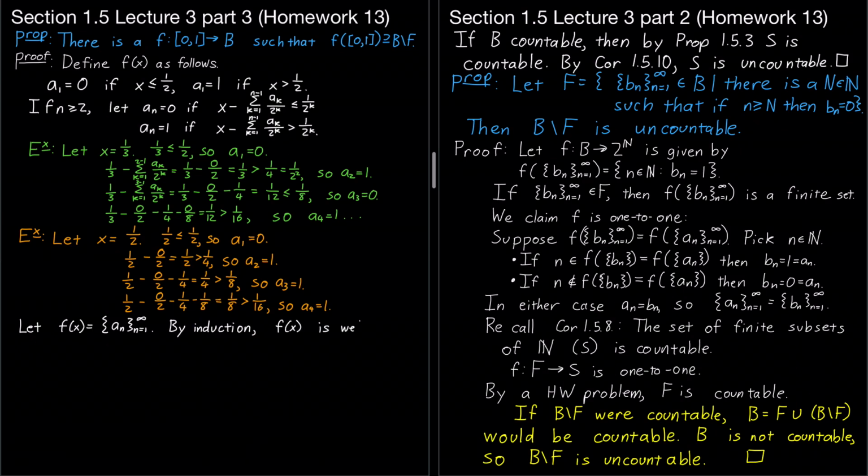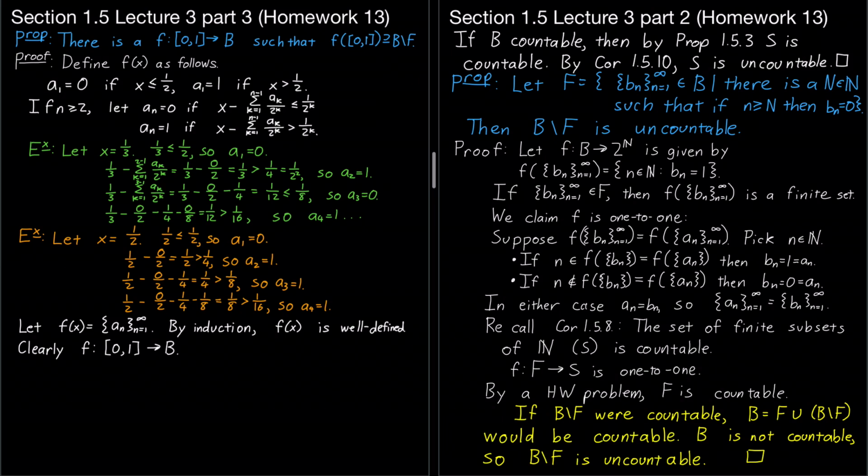That is, if you give me an x, I can figure out what an is for any particular n, and there's no ambiguity. I know what it has to be. And then clearly, f is sending 0, 1 into our set B.